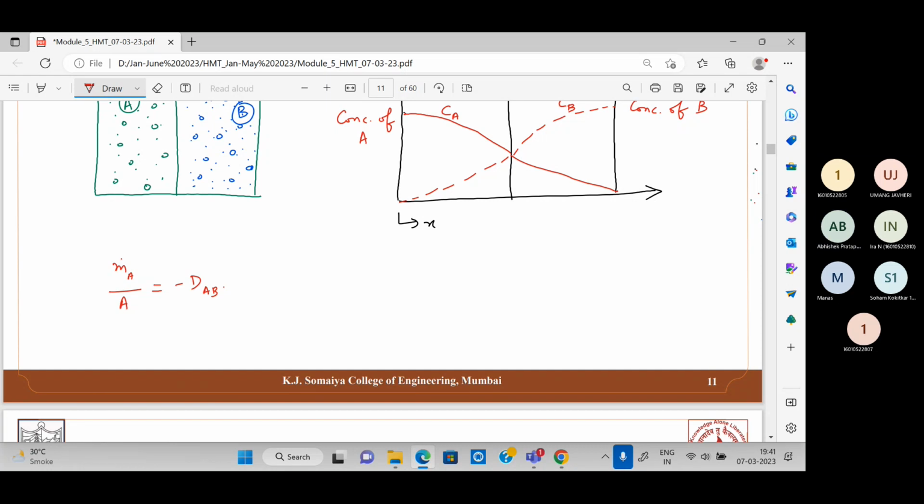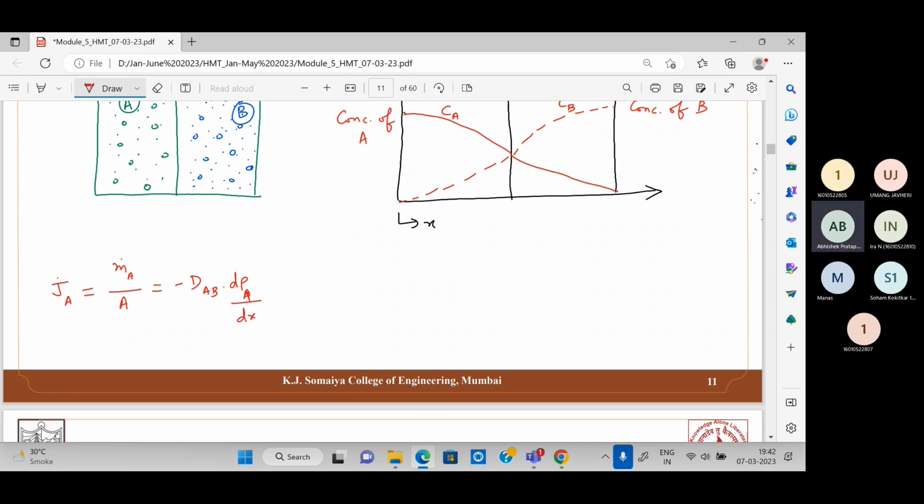In this way we can write d rho A by dx, and it will be denoted by JA.